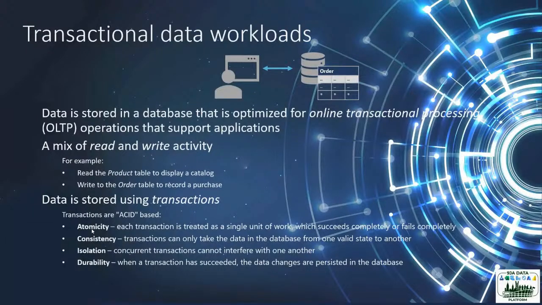And durability: when a transaction succeeds, the data changes are persisted in the database. That's the meaning of ACID. Transactional data is stored using transactions, and transactions are ACID based, meaning atomicity, consistency, isolation, and durability.